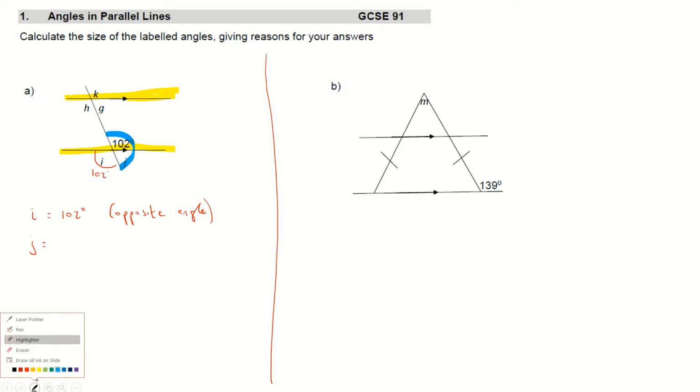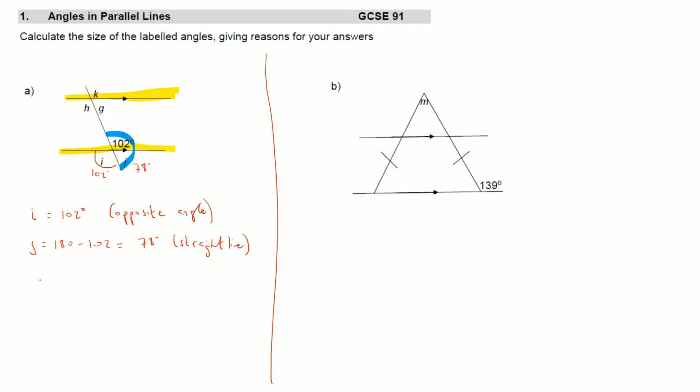And what do we know about angles in a straight line? Remember, the target for a half turn is 180. So J is going to be 180 take away 102, which is 78 degrees, because it's on a straight line. Put it on the picture.